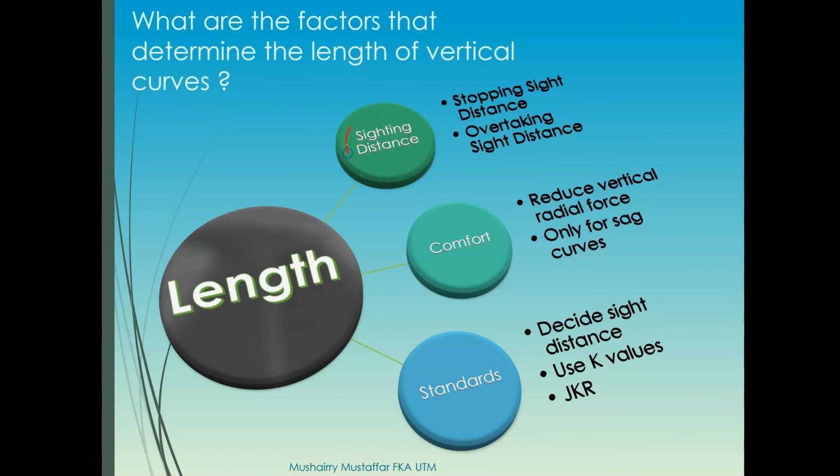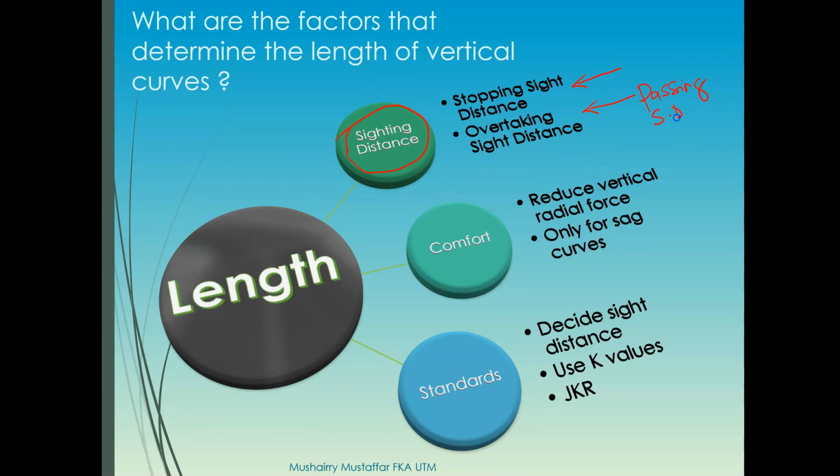Sight distance. We're going to ensure that the curve that we provide is safe enough for drivers. For that, we have what we call stopping sight distance and overtaking sight distance, and some refer to this as passing sight distance.